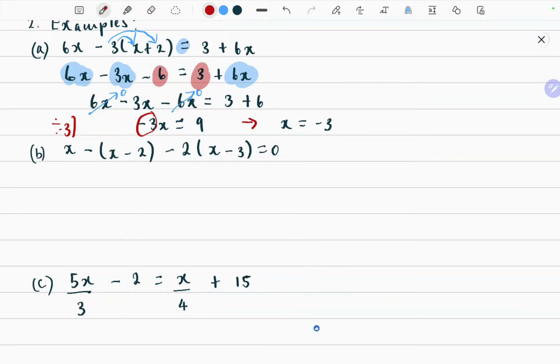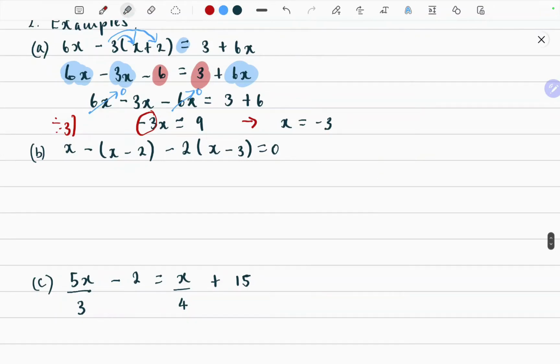I think the most important part of solving equations is always to try and eliminate the brackets. This is actually a very interesting question, because if you have a look at this negative, what you might not notice is that it's actually negative 1. So we can eliminate these brackets by bringing in the negative 1.